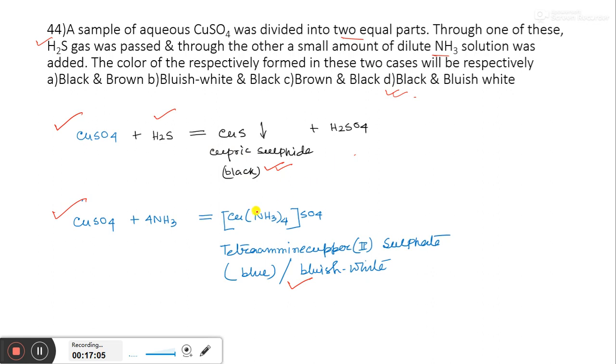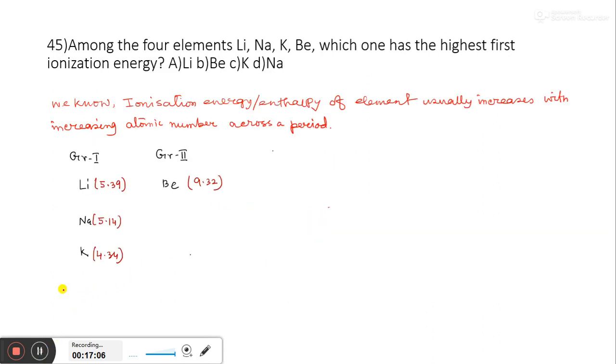The next question of the NTSE exam: among the four elements lithium, sodium, potassium, and beryllium, which one has the highest first IE value? We know the ionization enthalpy or ionization energy of an element usually increases with increasing atomic number across a period.